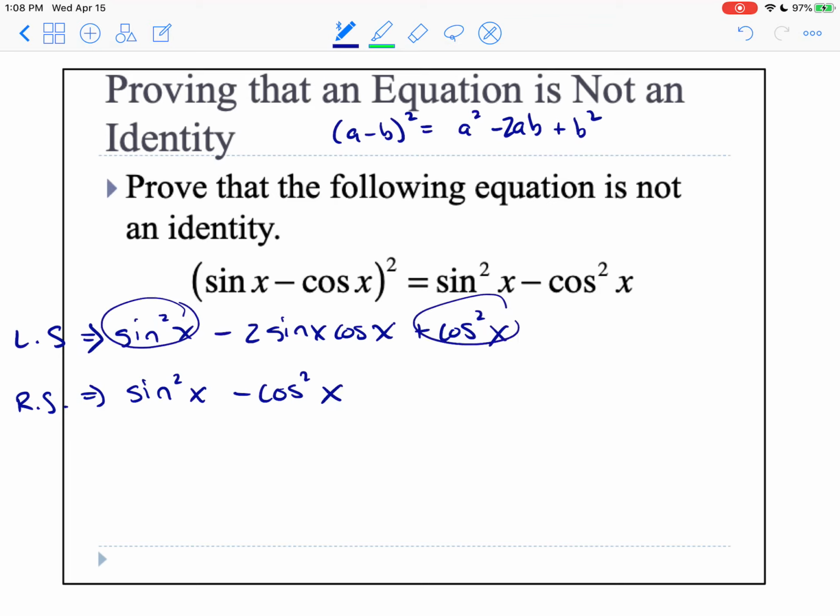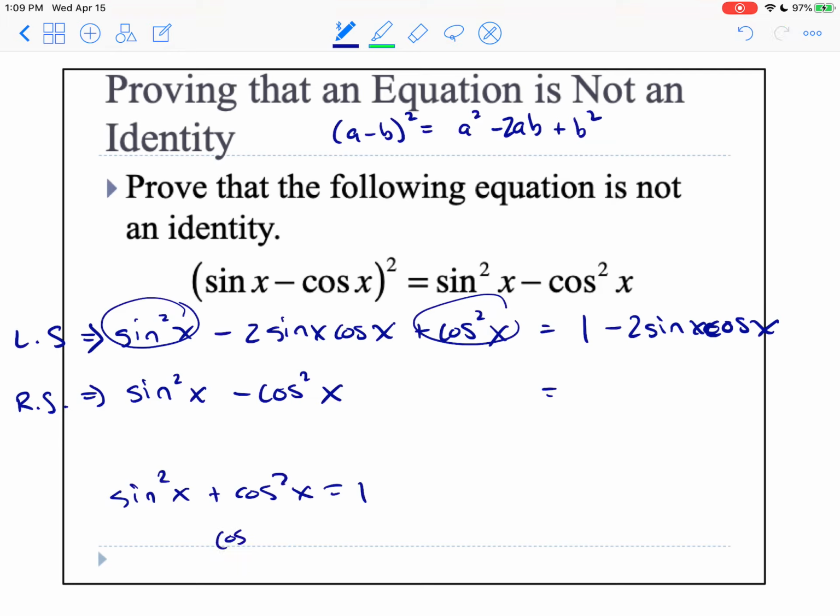Okay? Now, this and this add together to give me 1. So I have 1 minus 2 sine x cosine x. And over here, I just have sine squared x minus cosine squared x. Since I know that sine squared x plus cosine squared x equals 1, I just use that up here to get this 1.